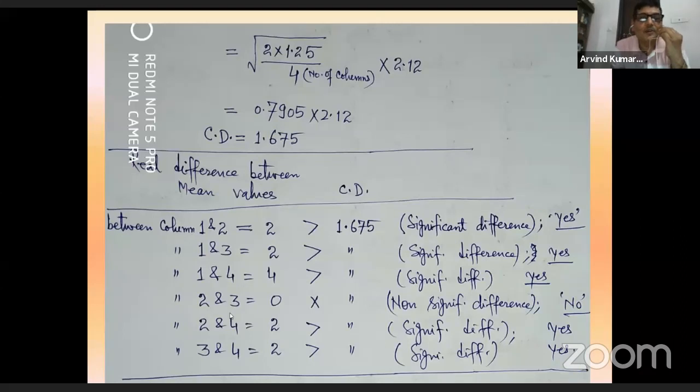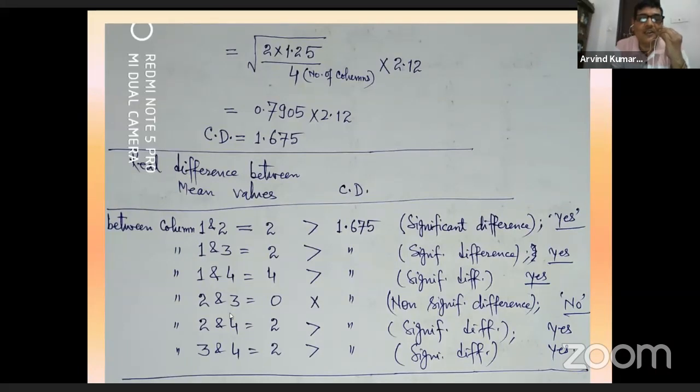Okay, so I'm continuing now. What we are observing here is that between first and second column, the mean values were actually 2 and 4. So when we get the difference of 2 and 4, it is 2. But the critical difference is 1.675. So our calculated critical difference is less than the difference of the two means. So we say that yes, there is difference.